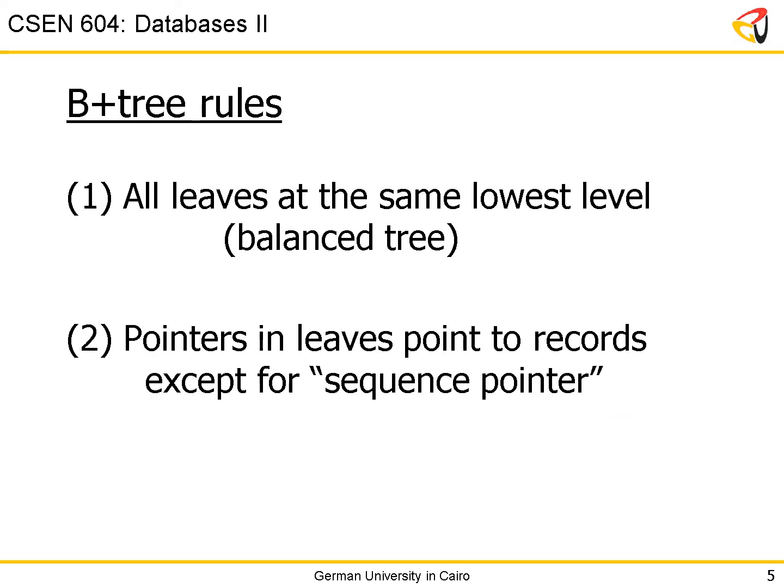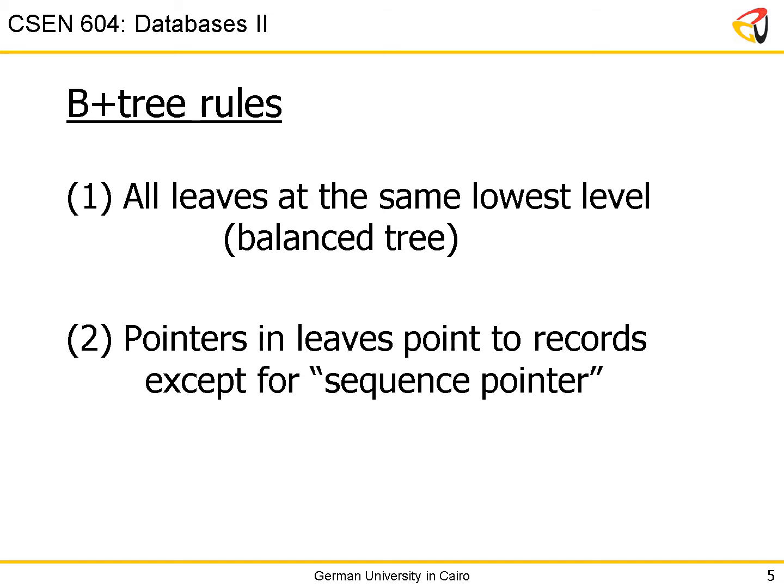The next thing we need to understand about the B+ tree is the rules, or the invariants, it comes with. So the first thing is all leaves are at the same lowest level. This is what I was just explaining in the previous slide, that B+ trees are self-balancing trees. Since they are always self-balancing, they are always balanced, and what that means is that all leaves will be at the same lowest level.